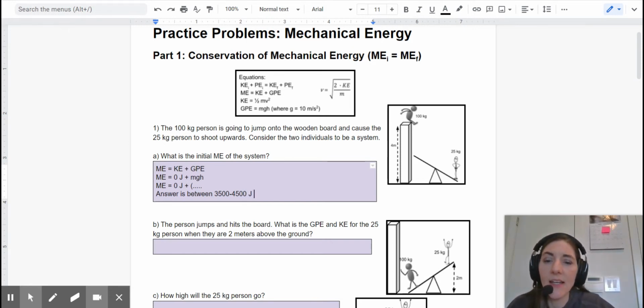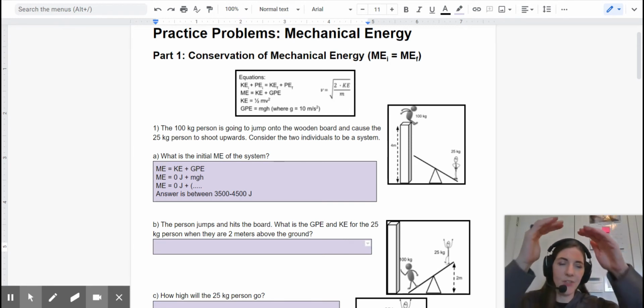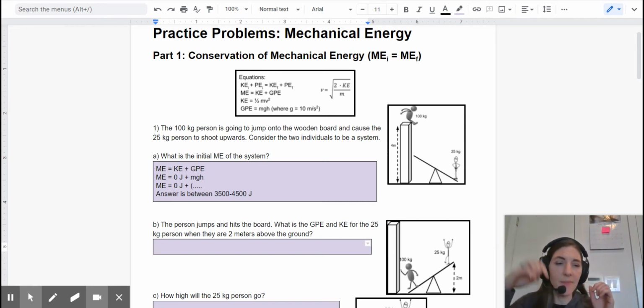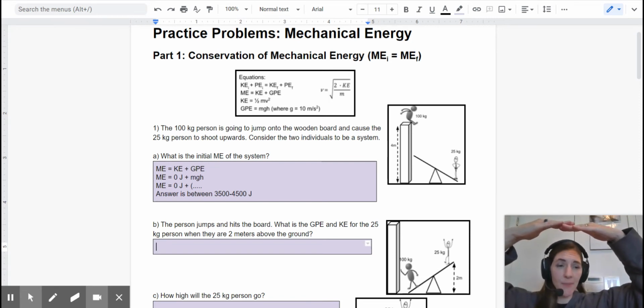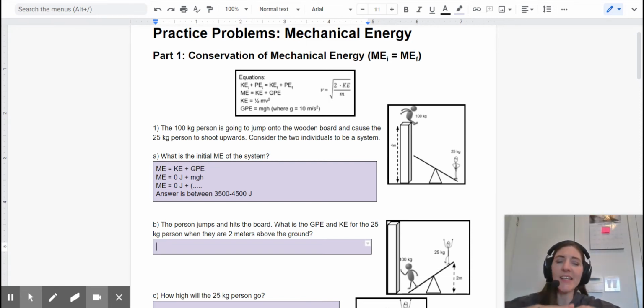Okay, now the person jumps and hits the board. What's going to happen is they hit the board, and all of that gravitational potential energy they had at the top, excuse me guys, just ate lunch, all of that gravitational potential energy that the 100 kilogram person had is going to become kinetic energy.